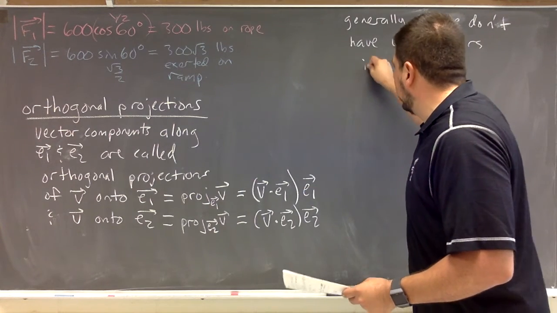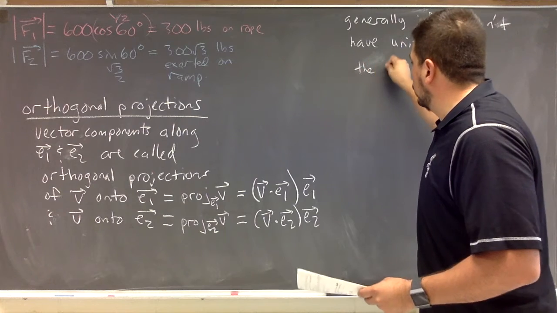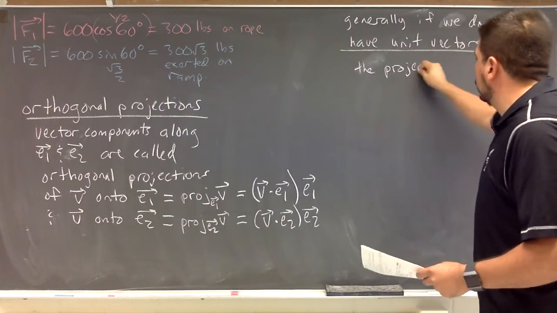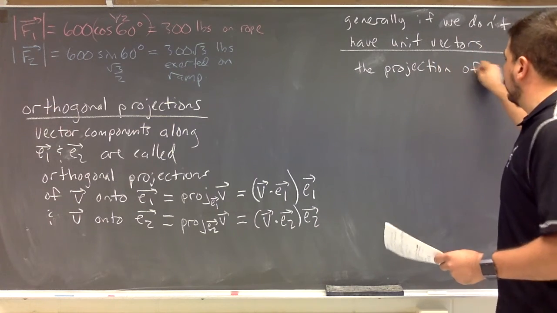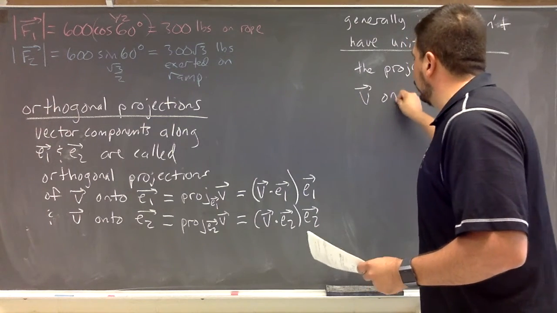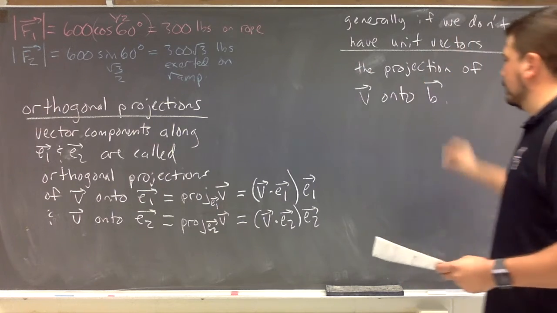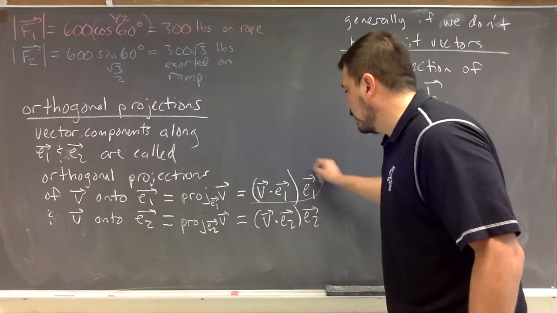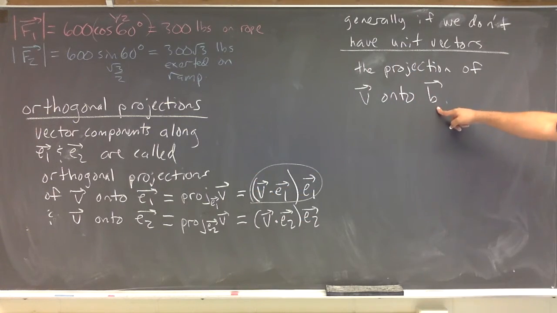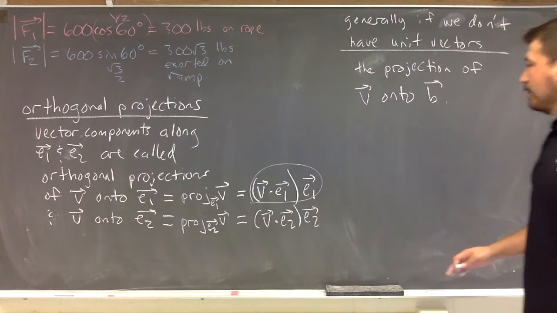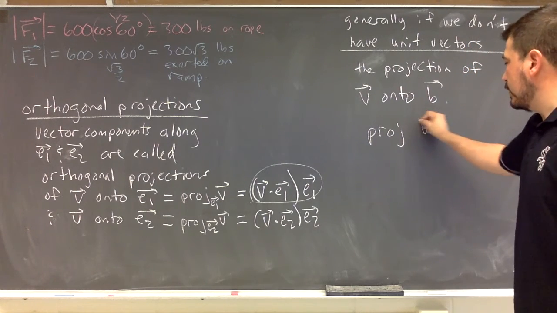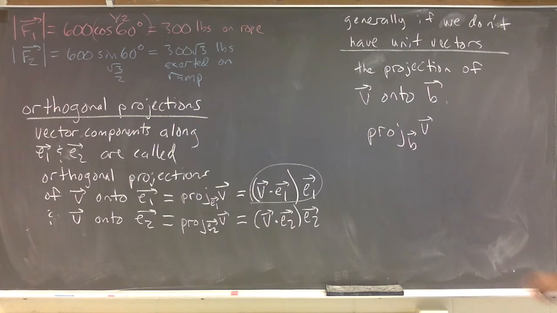So let's say we have the projection of V onto any old vector B, right? So using this formula here, we're just looking for one specific direction, but not two, okay? Then that's going to be the projection, that's the notation of V onto B. And now here's the formula for it, okay?